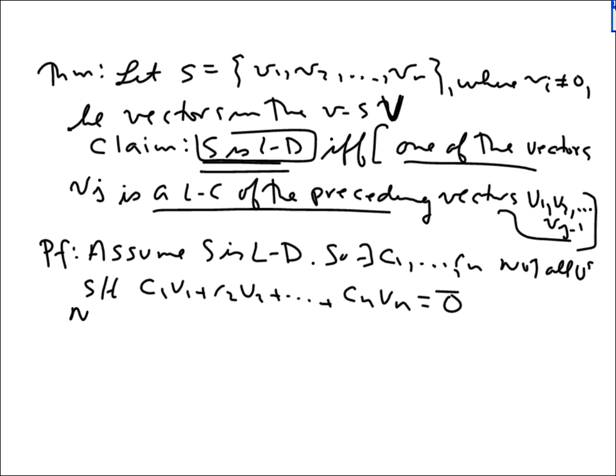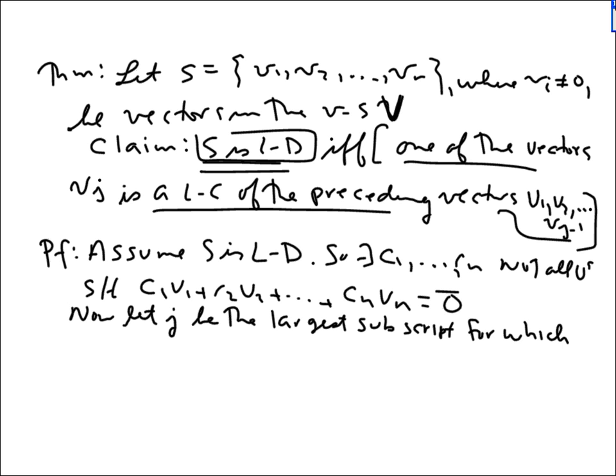Now here's where it gets complicated. Now let J be the largest subscript for which our Cj is not 0.